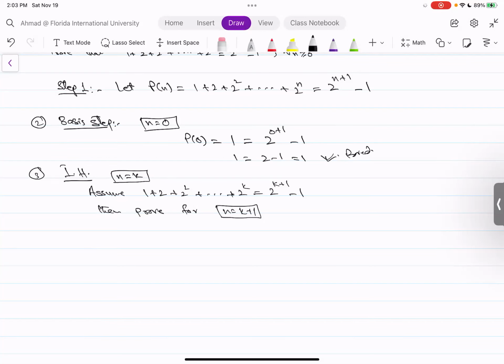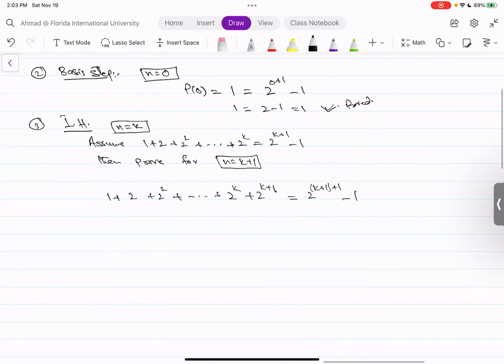So it is going to be 1 plus 2 plus 2 square plus so on plus 2 power k. The next term would be 2 to the power of k plus 1, right? The next would be 2 to the power of k plus 1, is equal to 2 power k plus 1 plus 1 minus 1. So we just substitute the k value as k plus 1.